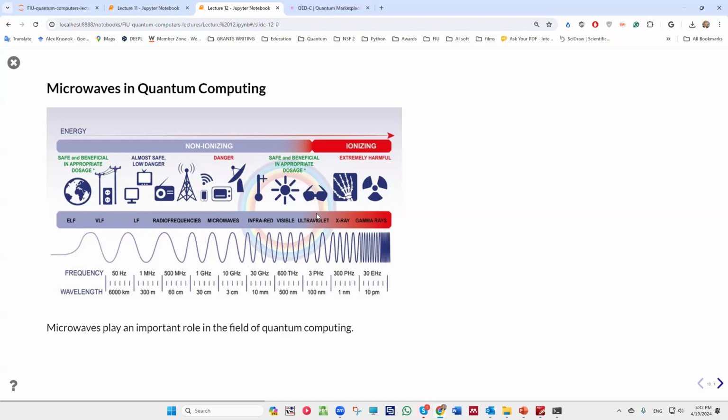Why don't we use ultraviolet for vision? Because ultraviolet is ionizing, right? Ultraviolet we use, for example, for computer tomography in medicine. It's an ionizing type of radiation. Microwaves go next. Typically the frequency of microwaves is somewhere around 10 gigahertz, technically from 1 gigahertz up to about 100 gigahertz.